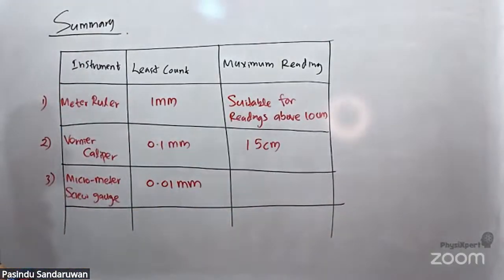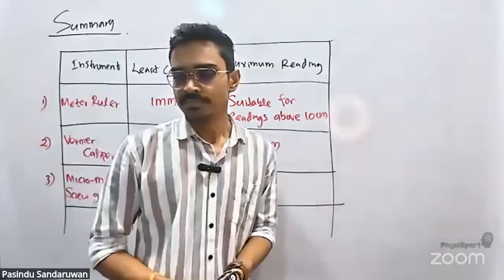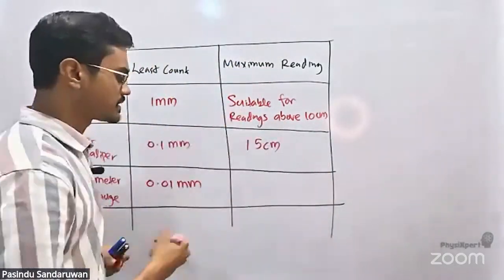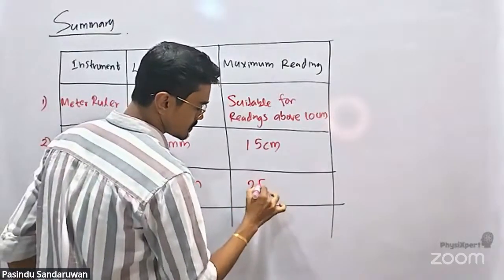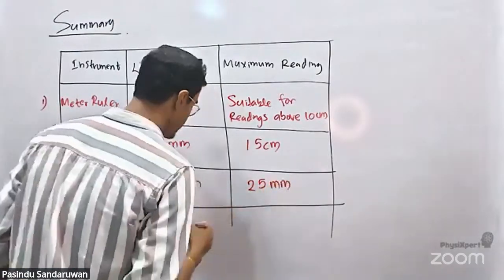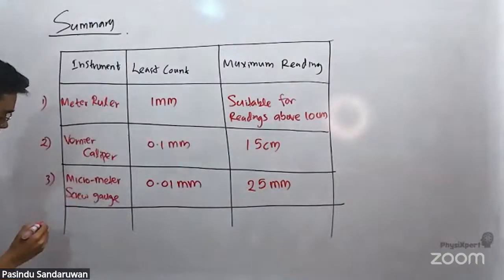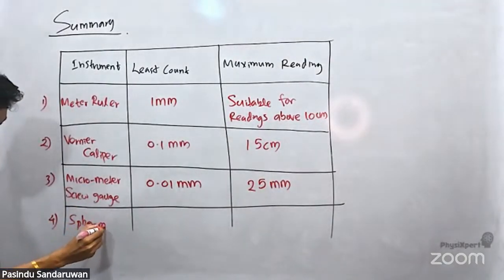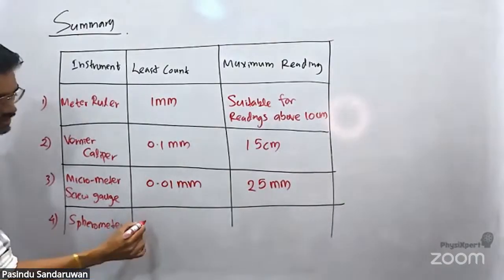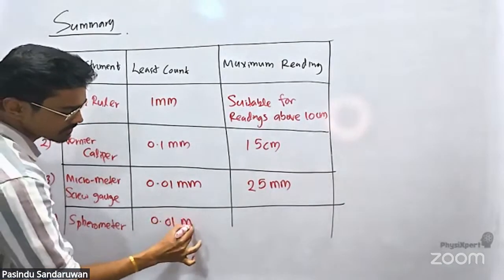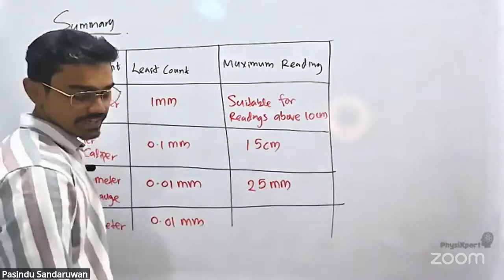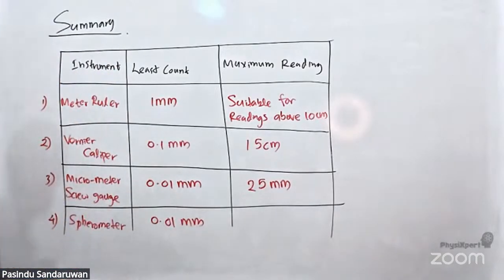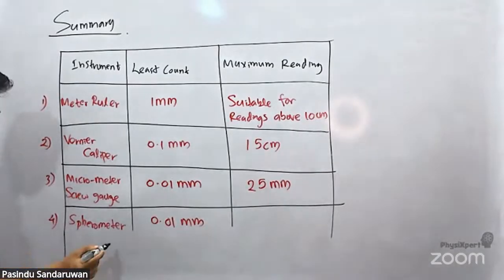Good, 25 millimeters. So, spherometer. Least count 0.01 millimeters, same. Maximum reading of a spherometer. Tell me, what's the maximum reading of a spherometer?